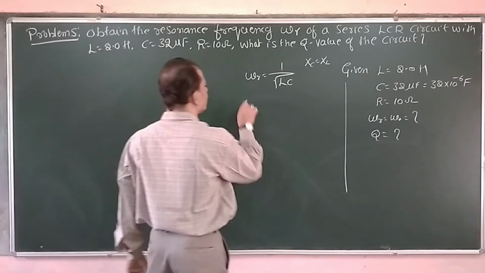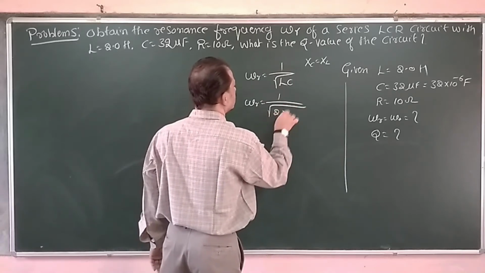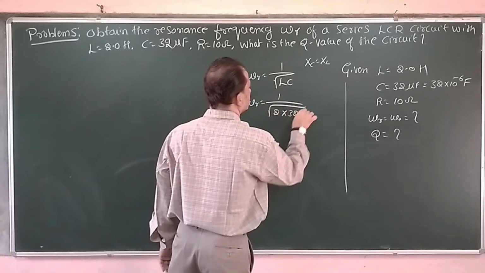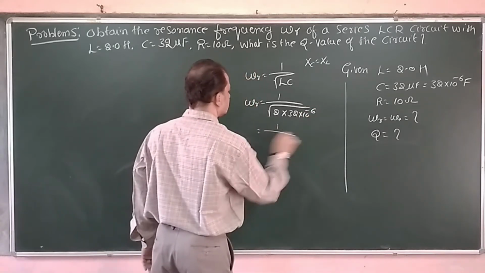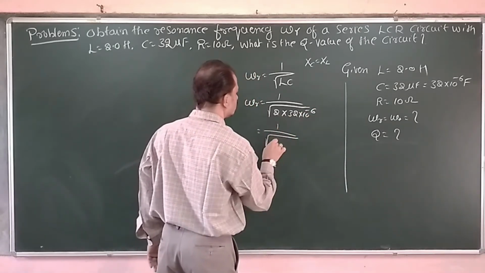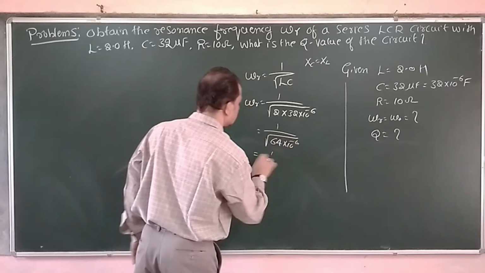That we know. Therefore, omega r is equal to 1 upon root 2 into 32 into 10 to the power of minus 6. That is 1 upon root 64 into 10 to the power of minus 6.